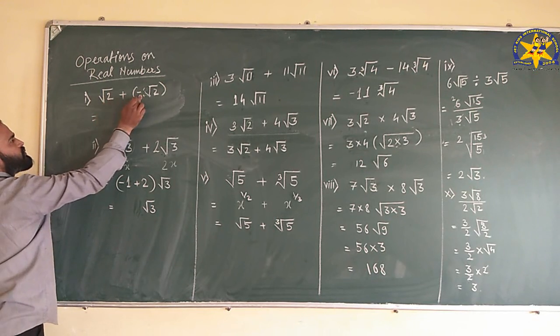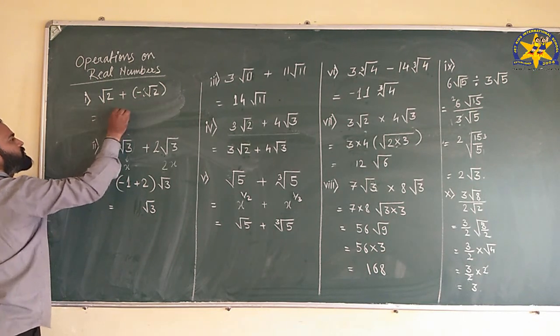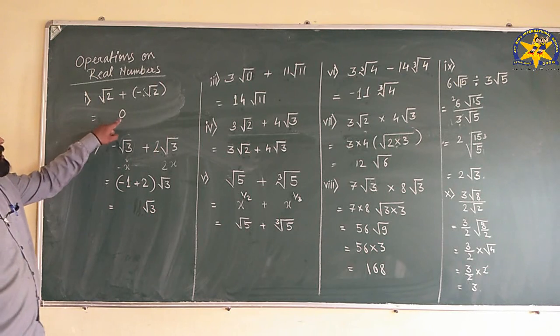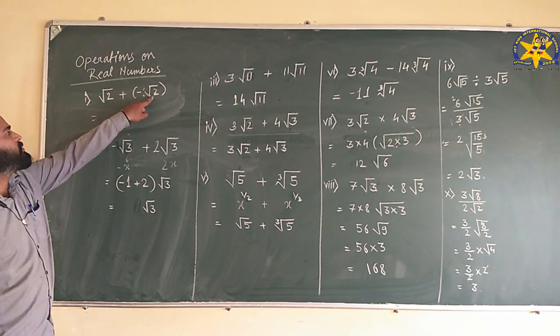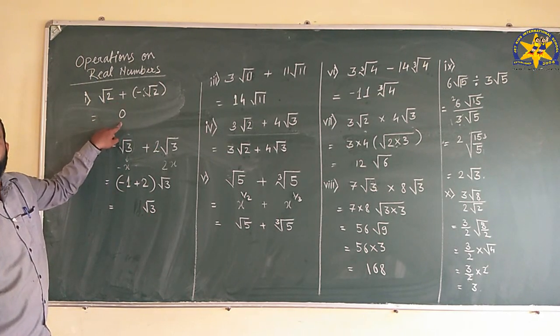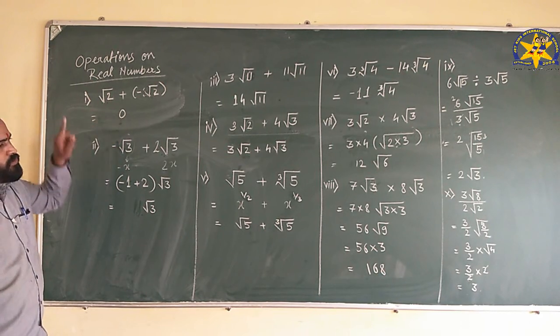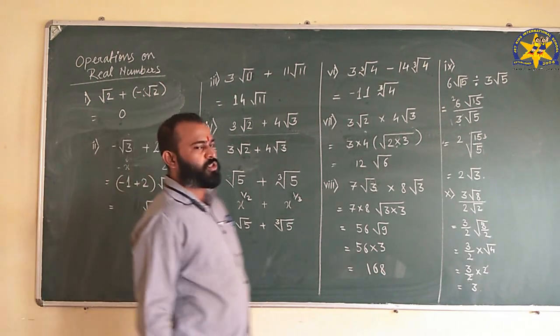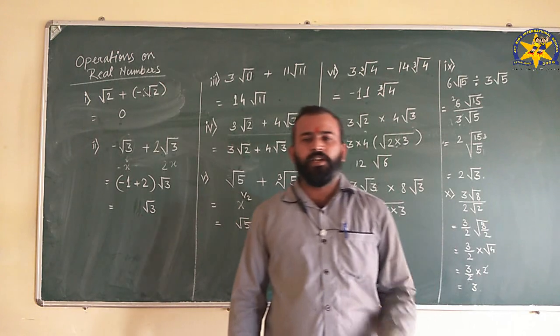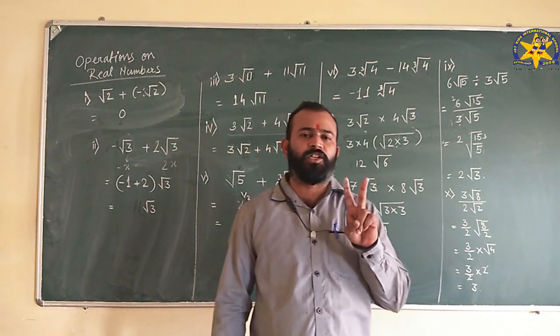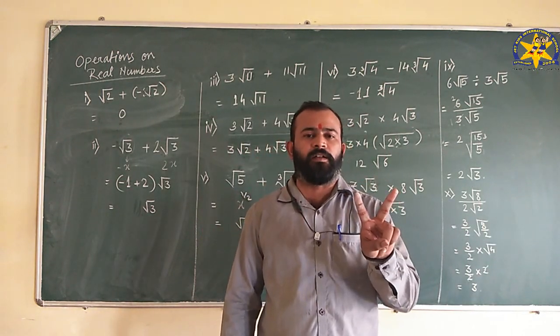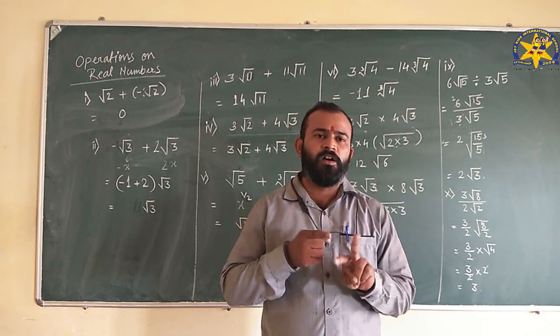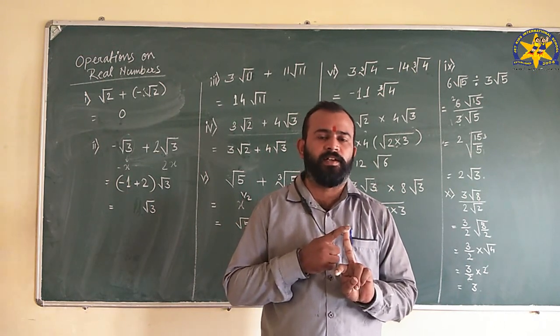Here plus root 2 minus root 2 is 0. So I have taken this problem to show that irrational plus irrational may also be a rational number. So here we came to know about 2 to 3 properties, that addition or subtraction of any two irrational numbers may be rational or it may be irrational.